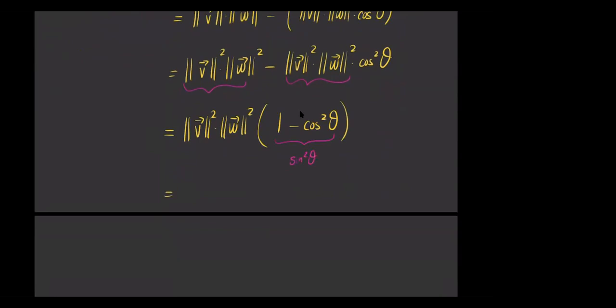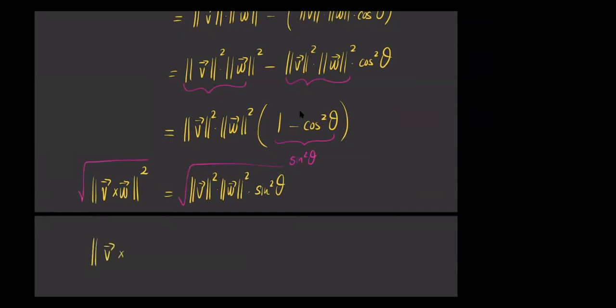So what did we just find? We found that if I take v cross w, the norm of that squared equals the norm of v squared times the norm of w squared times sine squared theta. Take the square root on both sides, and I'm left with the norm of v cross w is equal to the norm of v times the norm of w times the absolute value of sine theta.